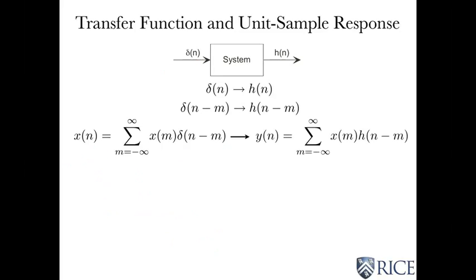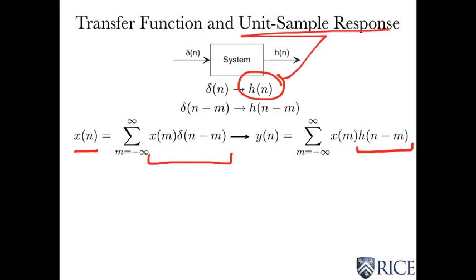And therefore, we can immediately write that the output for our input x, expressed as a superposition of unit samples, is given by a superposition of delayed unit sample responses. That's what little h is. It's called a unit sample response. Well, in fact, we now have a very general way of expressing the input-output relationship for a linear system.